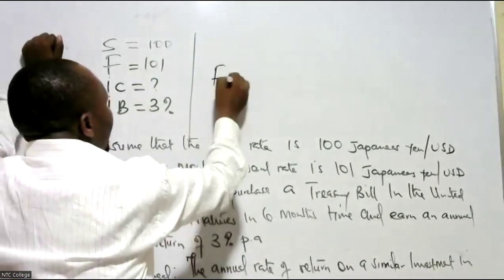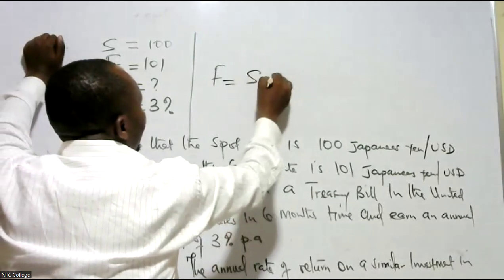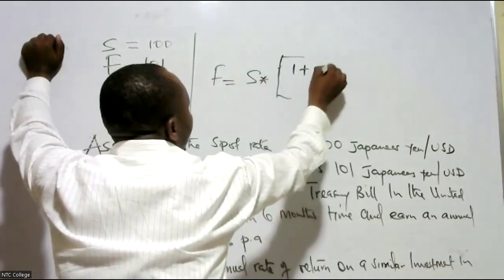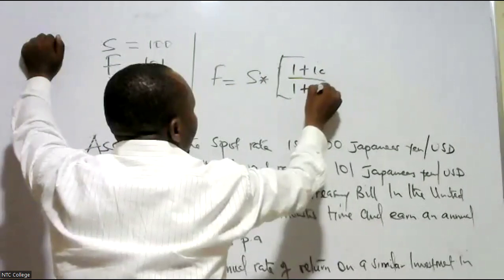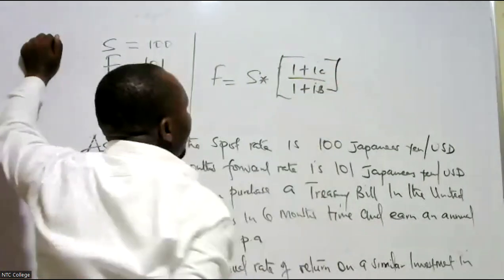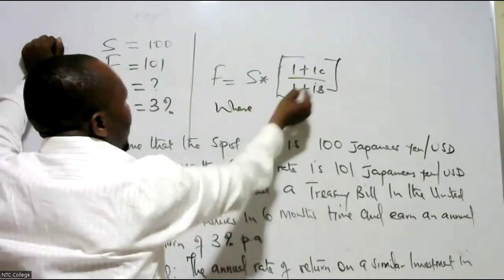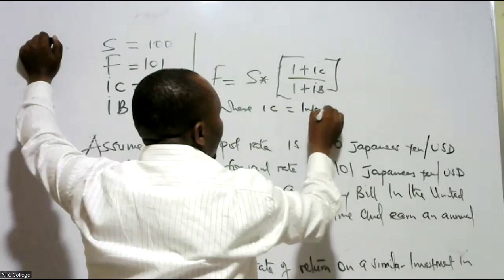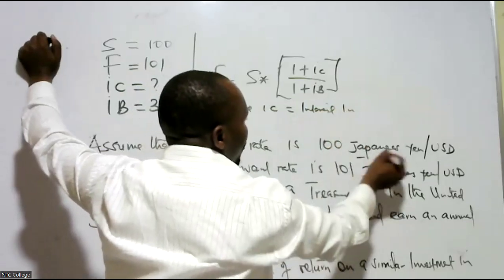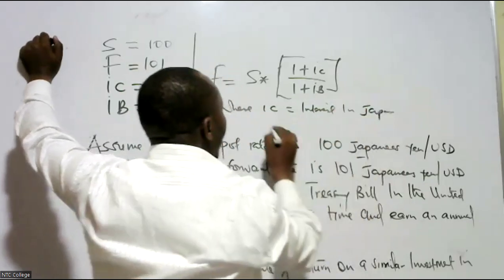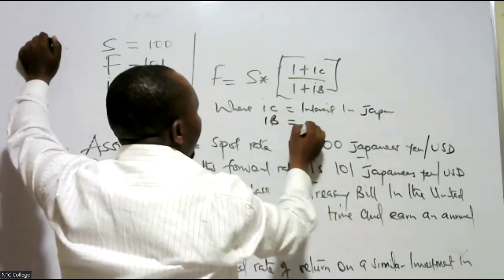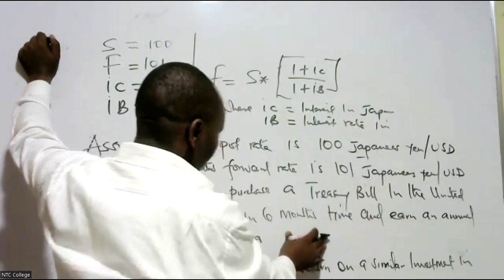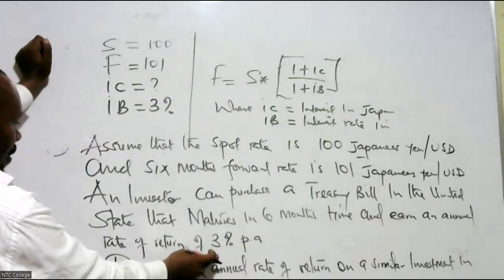So just say that F is equal to S times 1 plus IC all over 1 plus IB, where IC is the interest rate in the one on top, Japan, while IB is the interest rate in the United States.